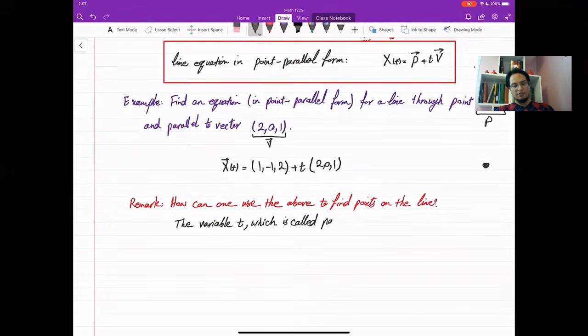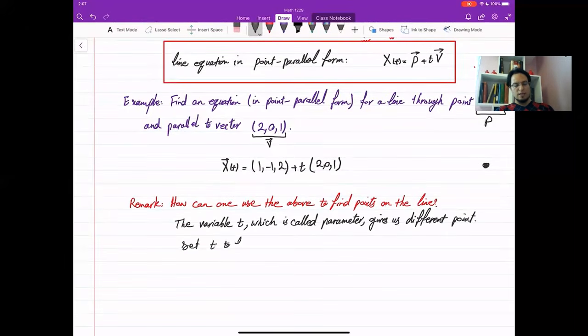For different parameters, you will get different points on the line. So any scalar number you choose for t, you will get a point on the line.